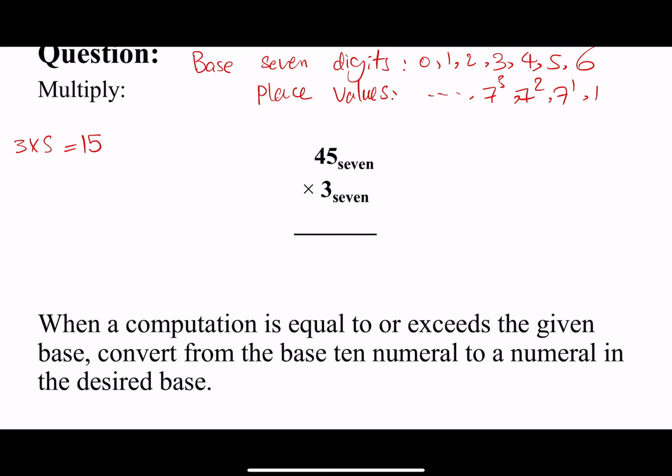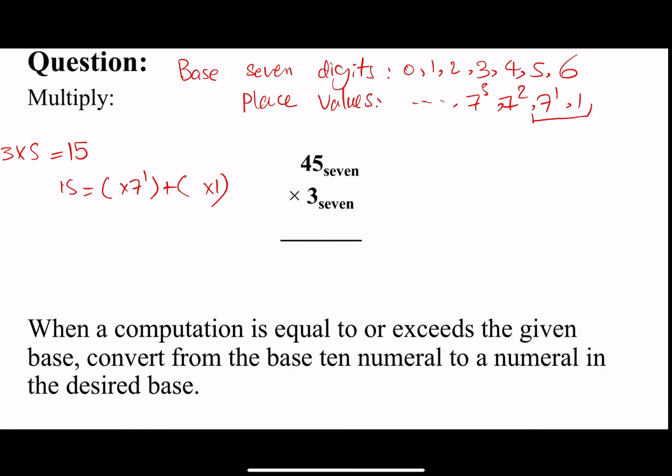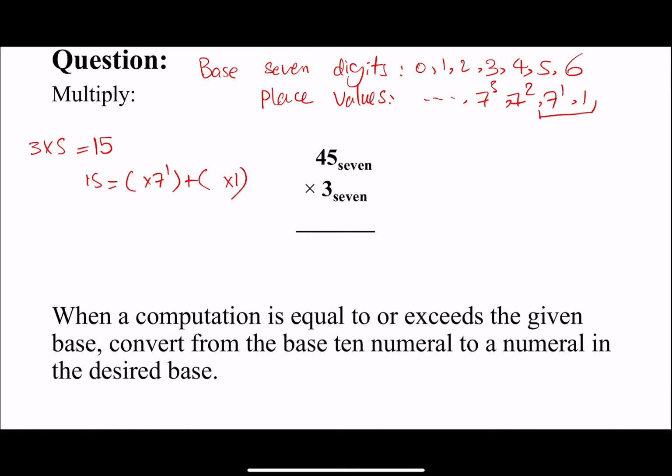So I look at the place values. I choose the place values that are equal or less than the numeral that I want to convert. Here, 1 and 7. So I have to see how many groups of 7 and how many groups of 1 build up 15. 3 times 7 is 21, which is bigger than 15.